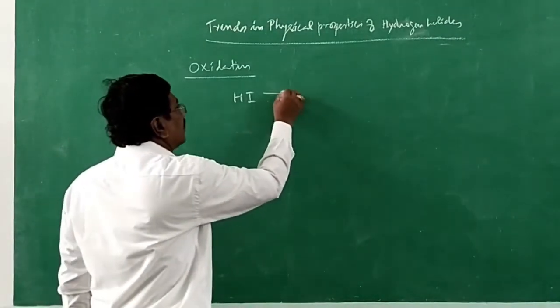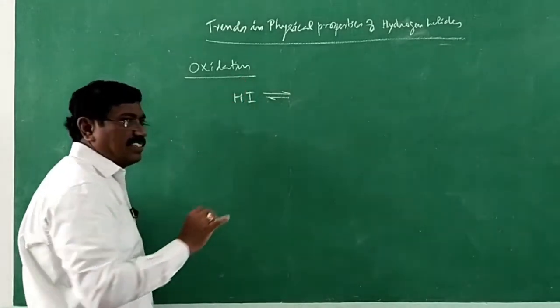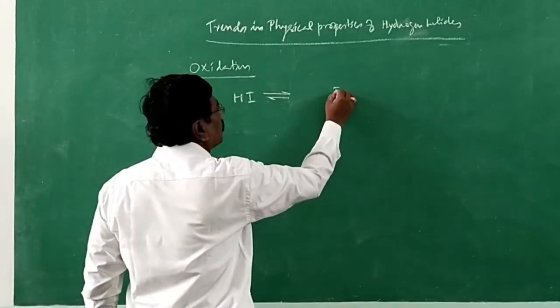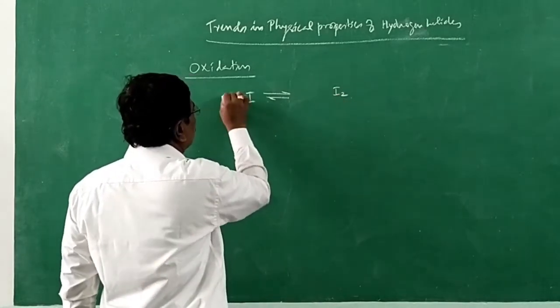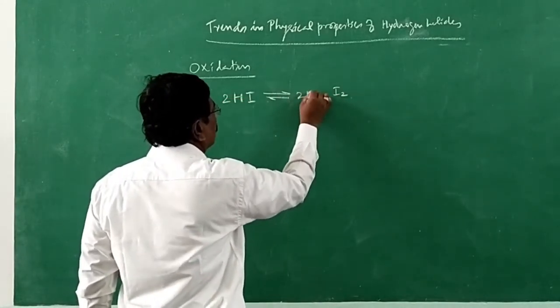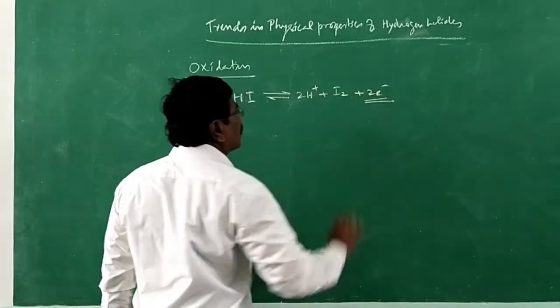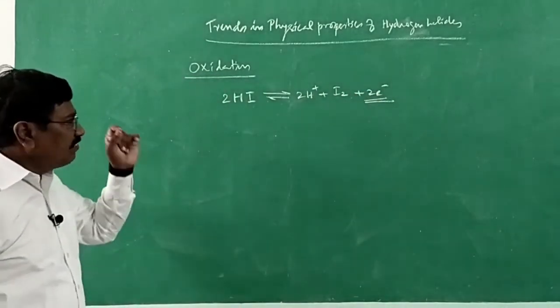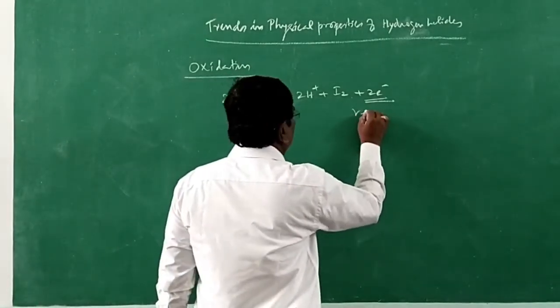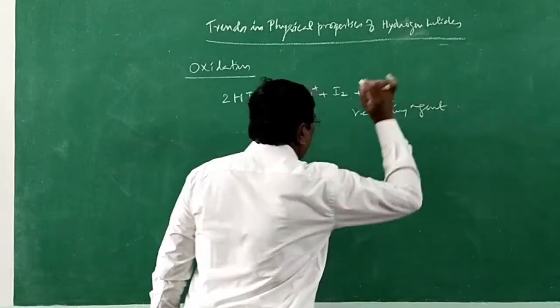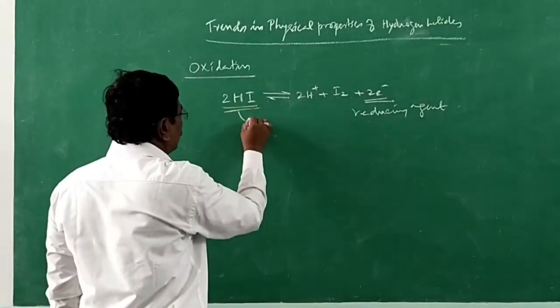It gets oxidized easily into iodine, I2. So remaining hydrogen, 2H plus, iodine plus 2e minus. It is because of the production of e minus that it acts as a very good reducing agent. HI is a very good reducing agent.